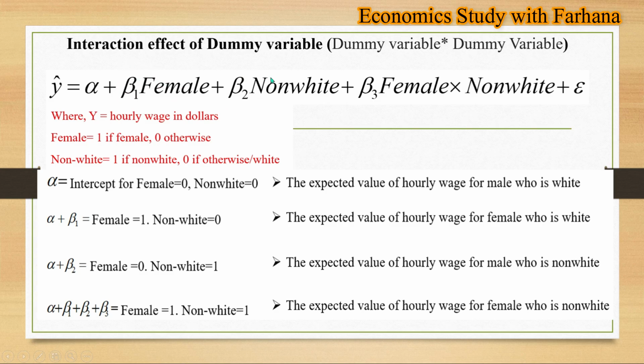Then beta 2 into 1, so beta 2 will also remain, plus beta 3 into 1, so beta 3 will also remain. So the whole coefficient value would be alpha plus beta 1 plus beta 2 plus beta 3. It represents the expected value of hourly wage for a female who is non-white. So you can present these four values in your explanation.